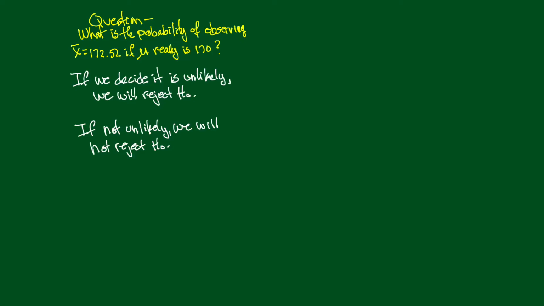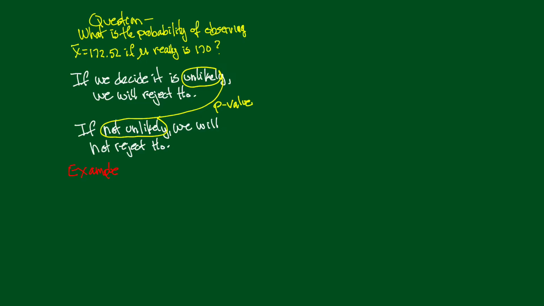This should make sense too, because if the mean really is 170, and we observe this value right here, and we're saying seeing this value is not unlikely, then we're going to think, okay, I'm not going to reject this because I'm seeing something that is likely. Now, just what do we mean by unlikely and not unlikely? This is where the p-value comes in.